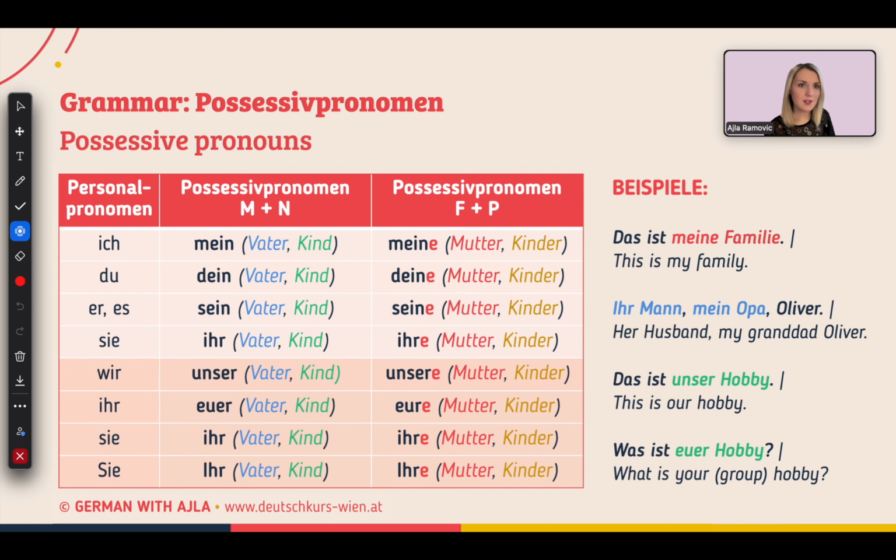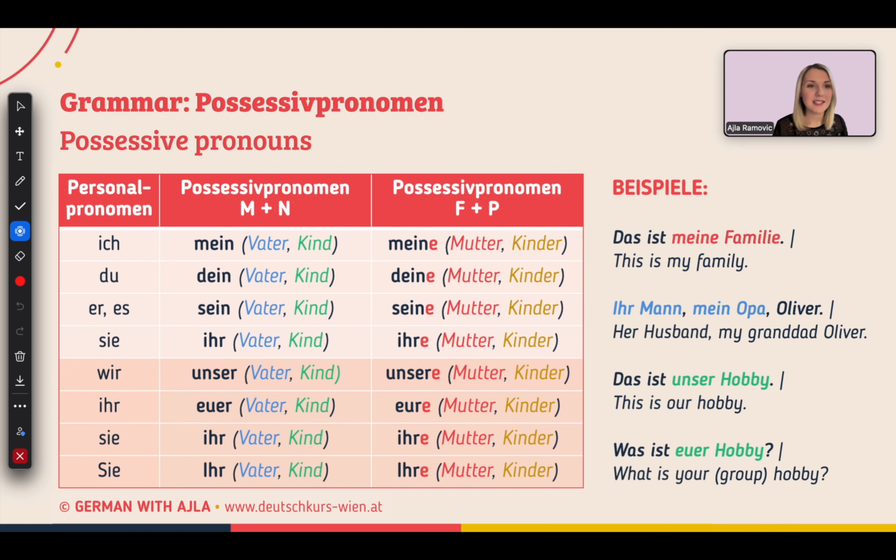So yeah, for some students, these matching forms are making this easier to remember. For other students, it is making the whole thing a bit more confusing, but you just have to get used to it. Let me give you some examples, starting off with sie in plural, meaning they. The possessive pronouns here are ihr und ihre, meaning their.